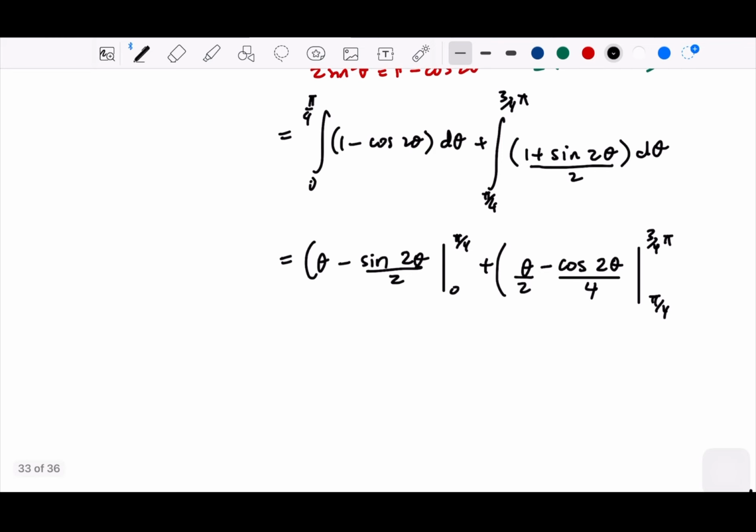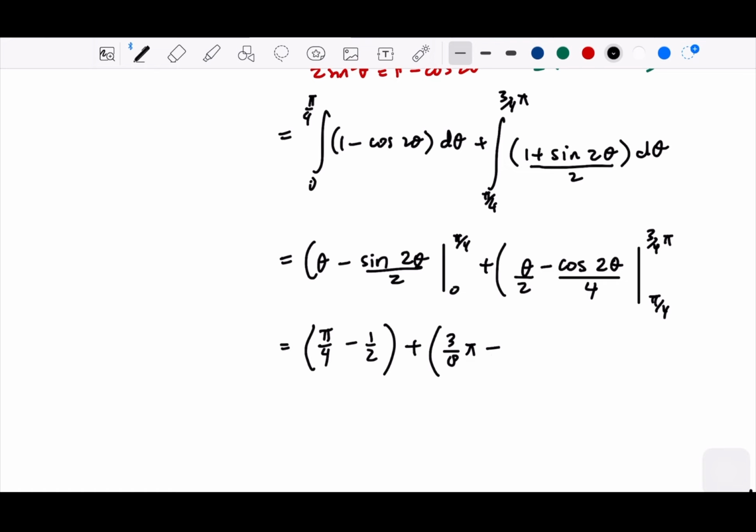Okay, now we take, this is pi over 4 minus half of 0, plus 3 over 8 pi, and 3 over 2 pi is 0, right?